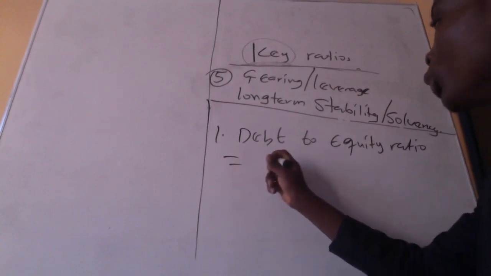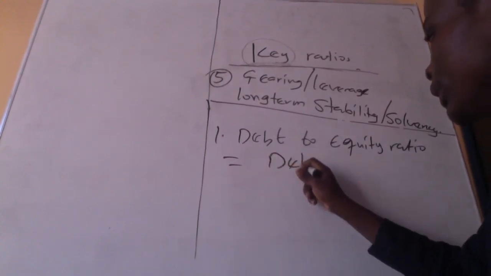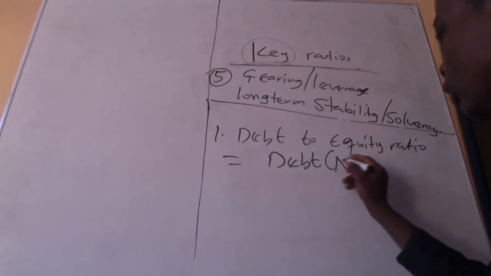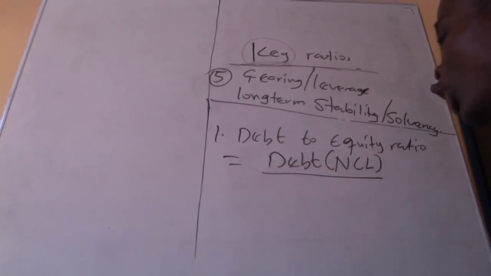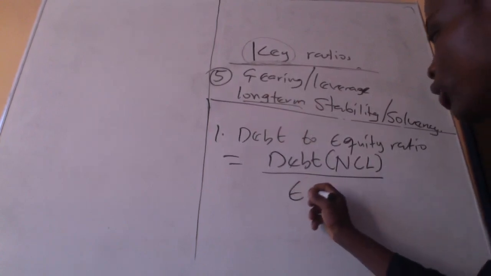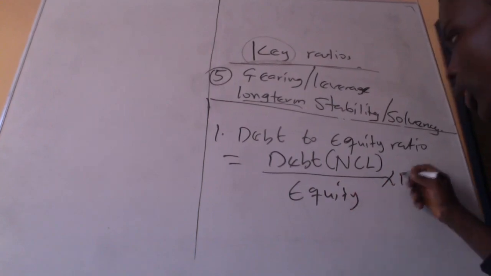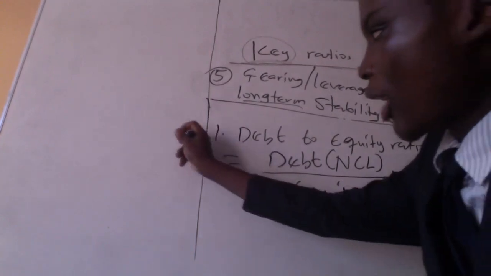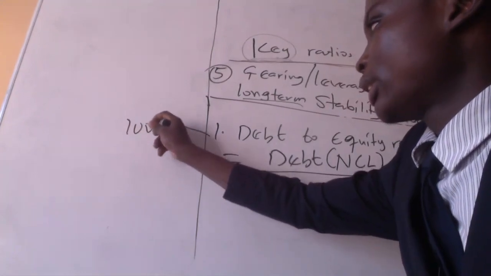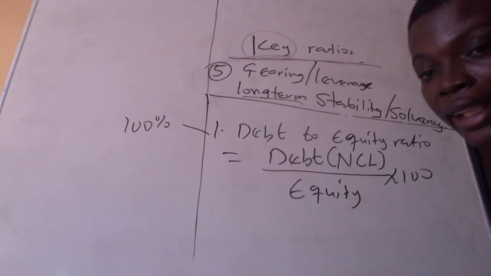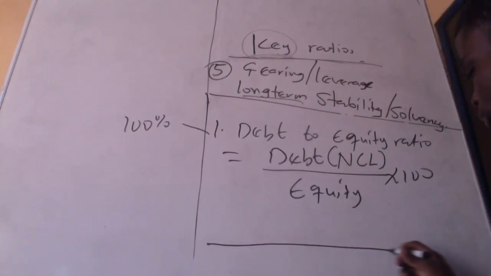So the formula would be debt, and please, anytime you mention debt, it is the non-current liability, the long-term debt, all divided by your equity, times 100. Now the benchmark for this is 100%, to know whether the company is highly geared or lowly geared.